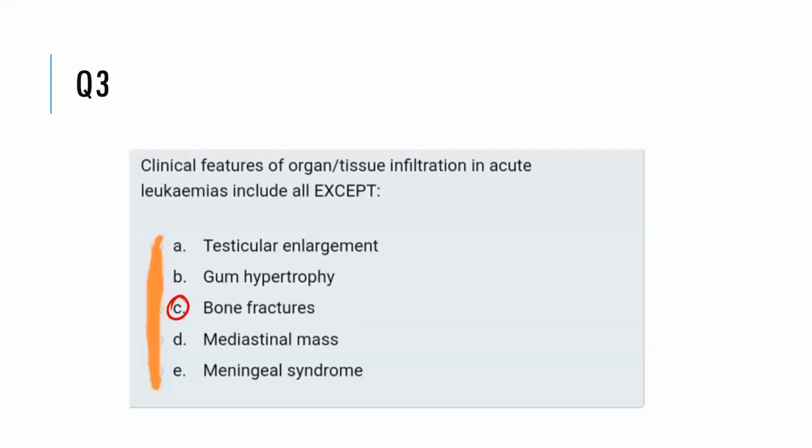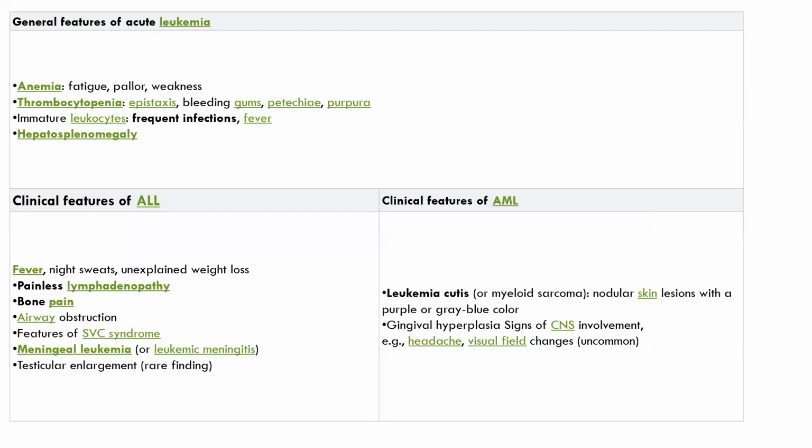So for the next question, we have clinical features of organ or tissue infiltration in acute leukemias include all the following except. So I have a table here that has the general features and the clinical features for the specific ones.